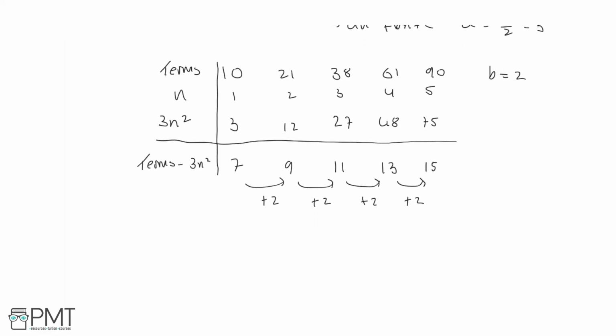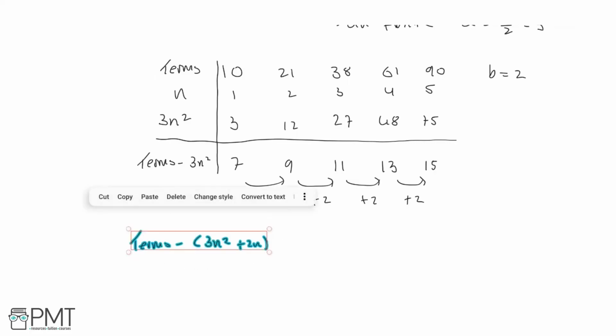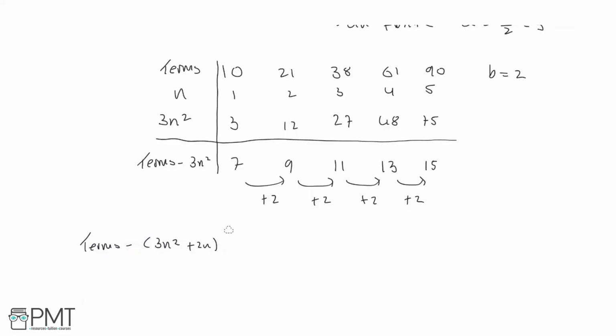Now we're going to find C, and we're going to do terms minus 3n squared plus 2n. I'm just going to move it slightly this way to give a bit more writing space. So we have 3n squared plus 2n. In this case, it is going to be 5.